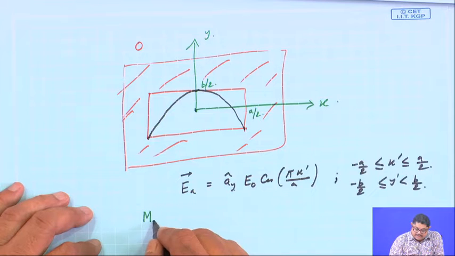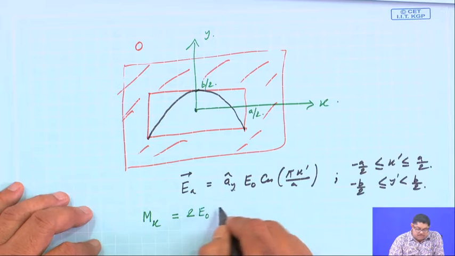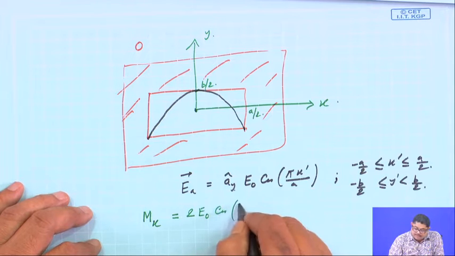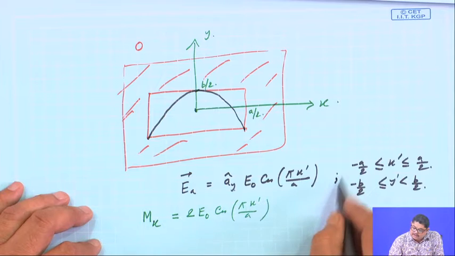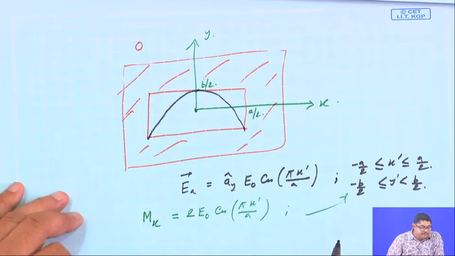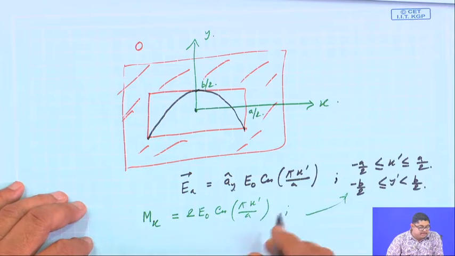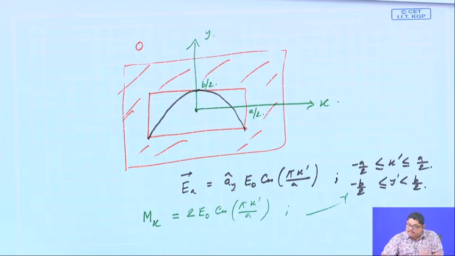So, I can write M_x is 2 E0 cos(pi x'/a) in this zone. In the previous example also we have seen there is a constant part.